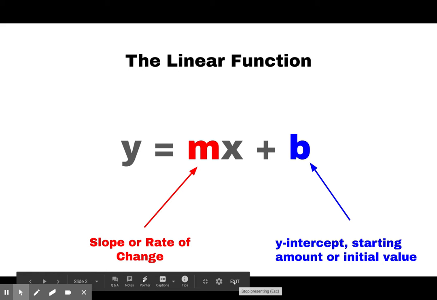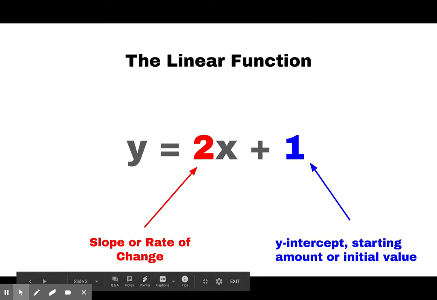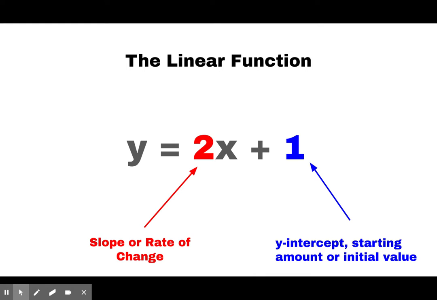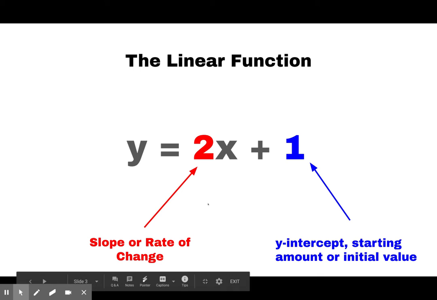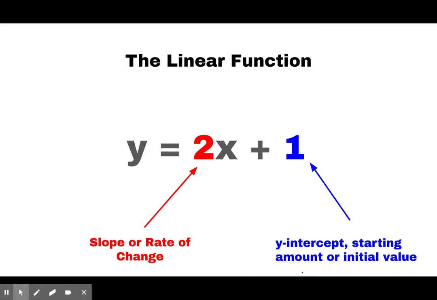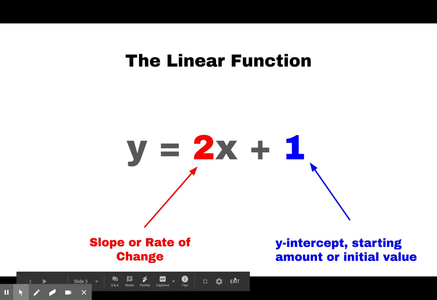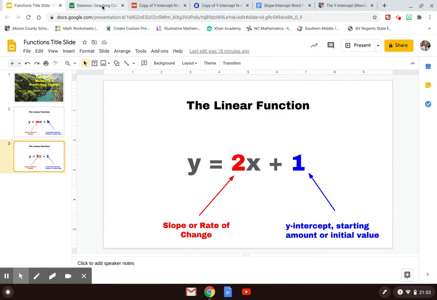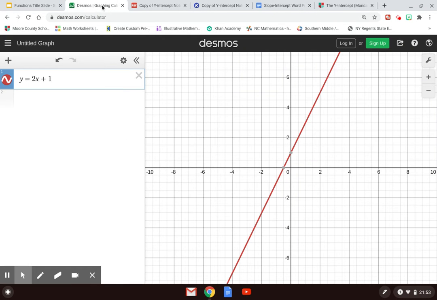Okay, so when you look at this linear function here, you see y equals 2x plus 1. So in this particular function, your slope or rate of change is 2, and your y-intercept or the starting amount or initial value would be 1. And if we go here to this Desmos graph real quick, you can see where I've graphed this line.